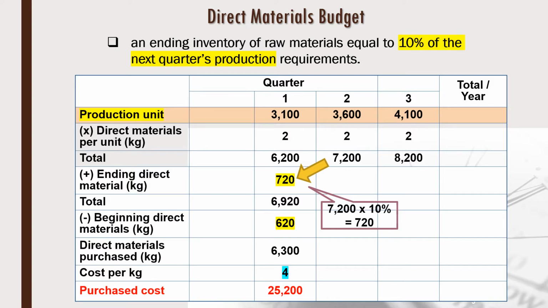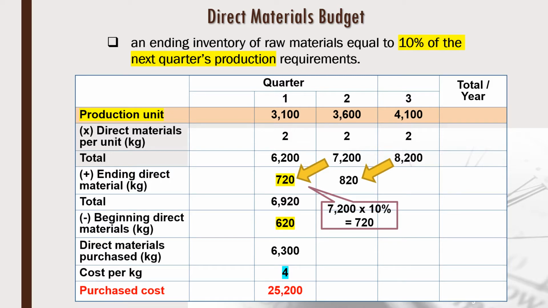So, the ending direct materials in kg for quarter 2 is 8,200 times 10% equals 820. Same goes to quarter 3 and quarter 4. Okay.